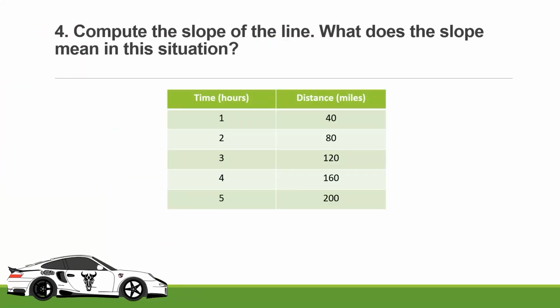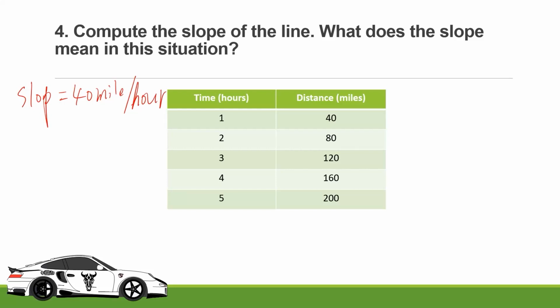The next question is compute the slope of the line. What does the slope mean in this situation? We just computed the rate of change. That's the same as slope. That's 40 miles per hour. And what does that mean?